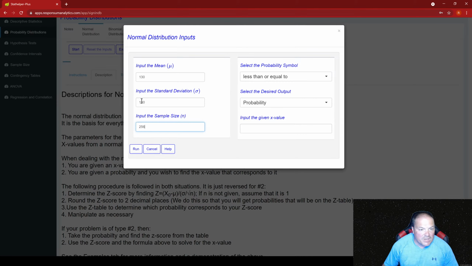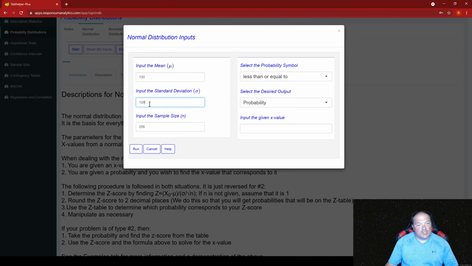Okay, or excuse me, 128, not 130, 128. And then put this in as 256. Okay, or what we can do is basically divide this out and then put it in. It just depends on the way you want to do it.